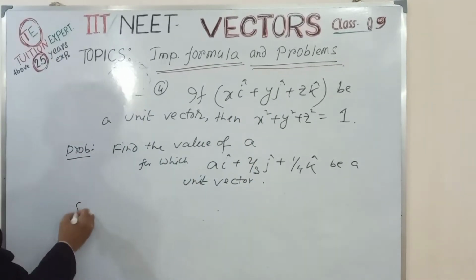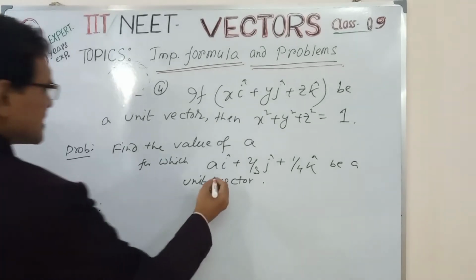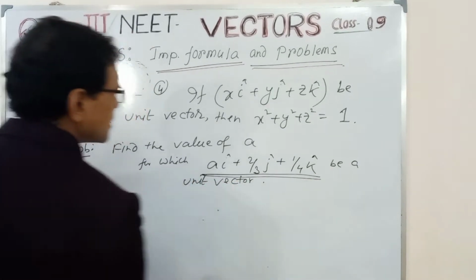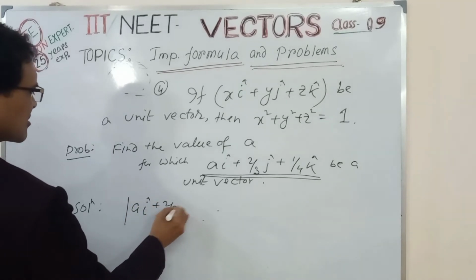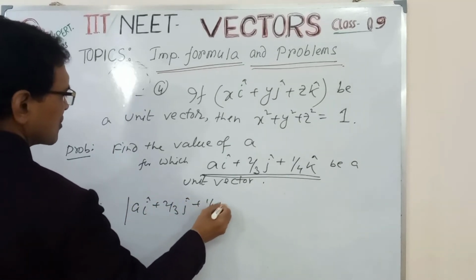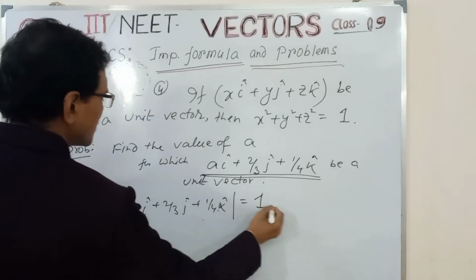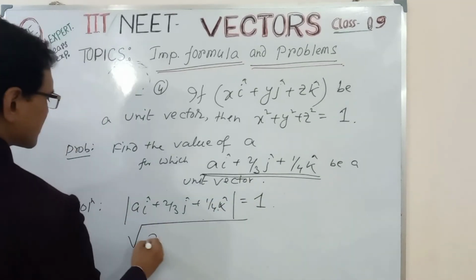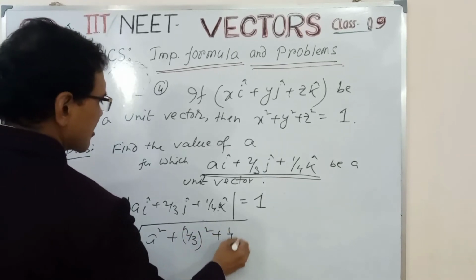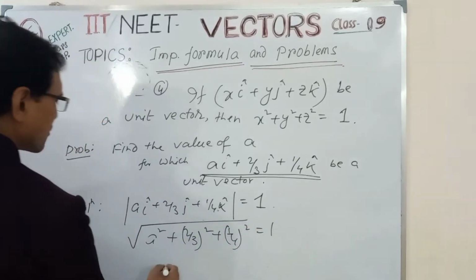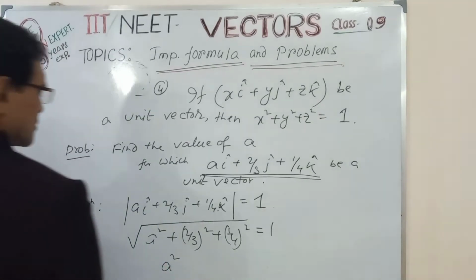So the solution becomes: as this is a unit vector, its magnitude becomes unity, so it equals 1.